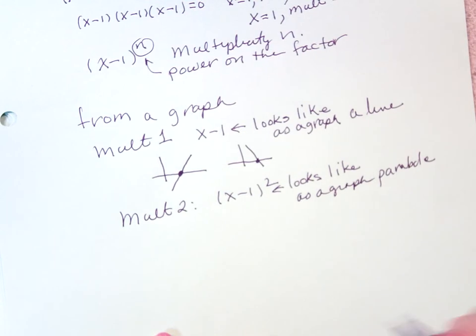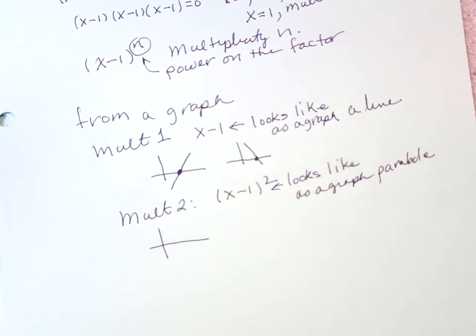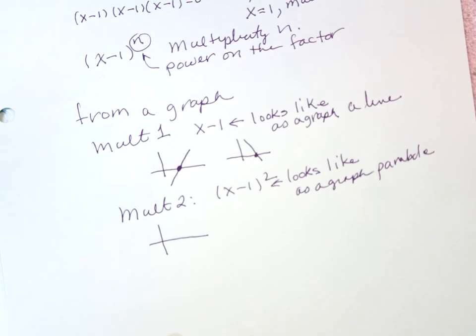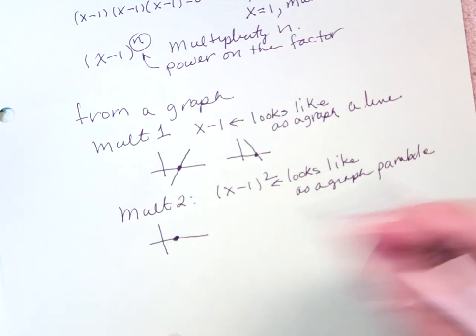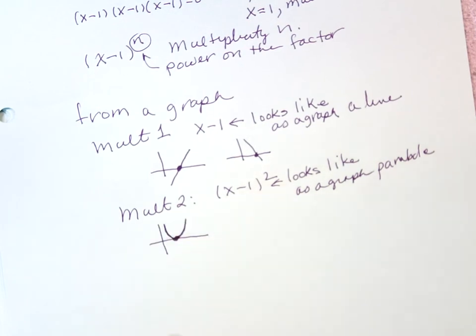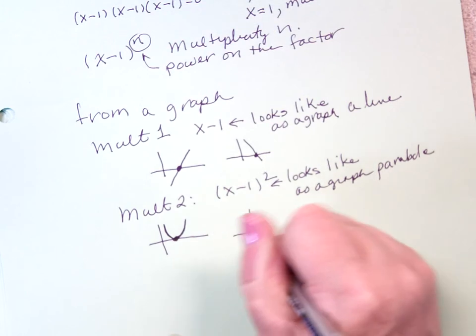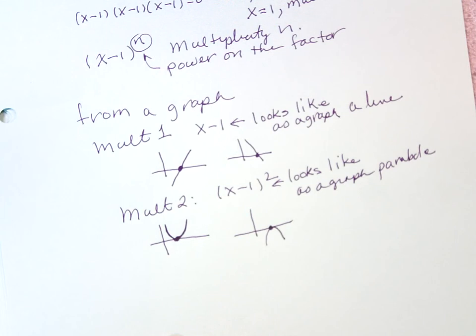U-shaped graph of a parabola. Now, that would mean that if I were to look at a multiplicity 2 at x equal 1, I'd have something which either opens up, or I could have something that opens down. It looks like a parabola.